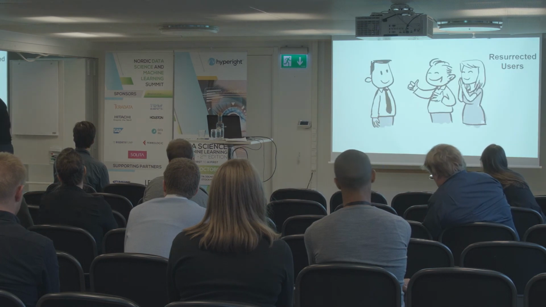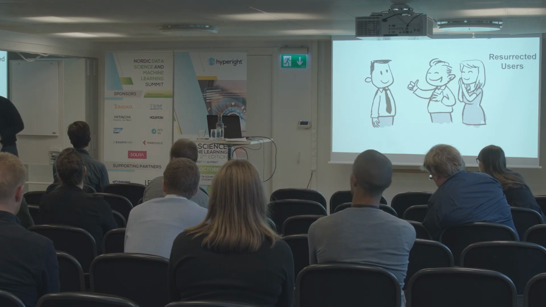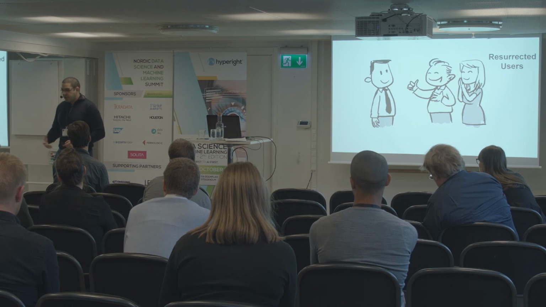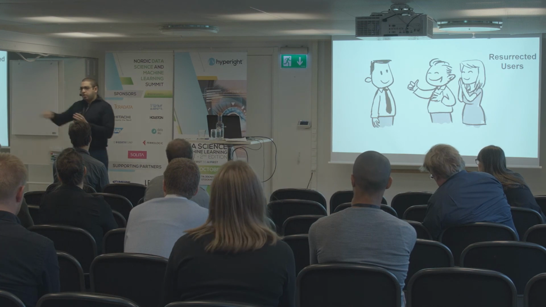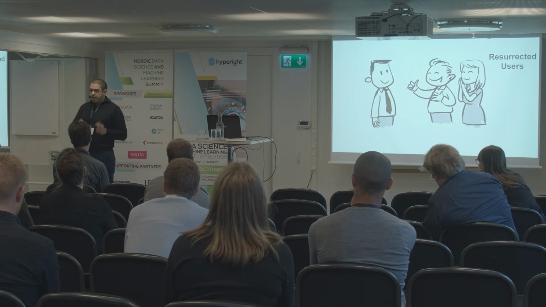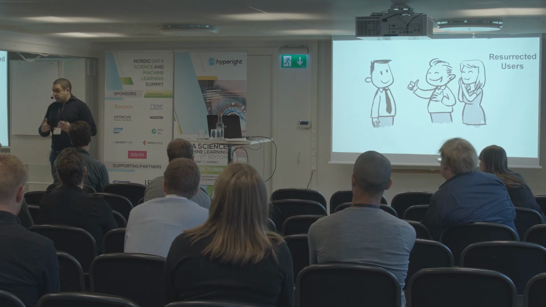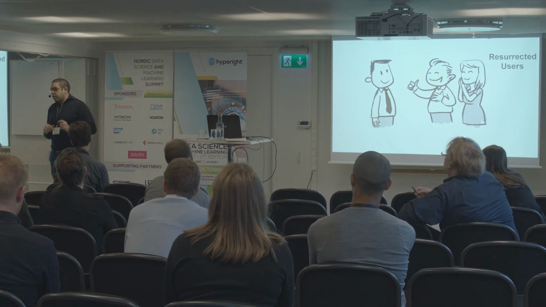Resurrection, so these are users who we haven't seen for some time, so we try to understand why. We can try to analyze their data before they have churned, their behavior on the product, in order to avoid this, any event that may be predictive of churn.